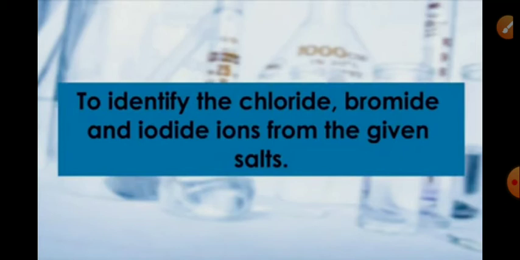White color indicates that there may be chloride. Light yellow color indicates bromide, and dark yellow color indicates iodide in the solution. This is a preliminary test, children. Let us see how the table is formed.